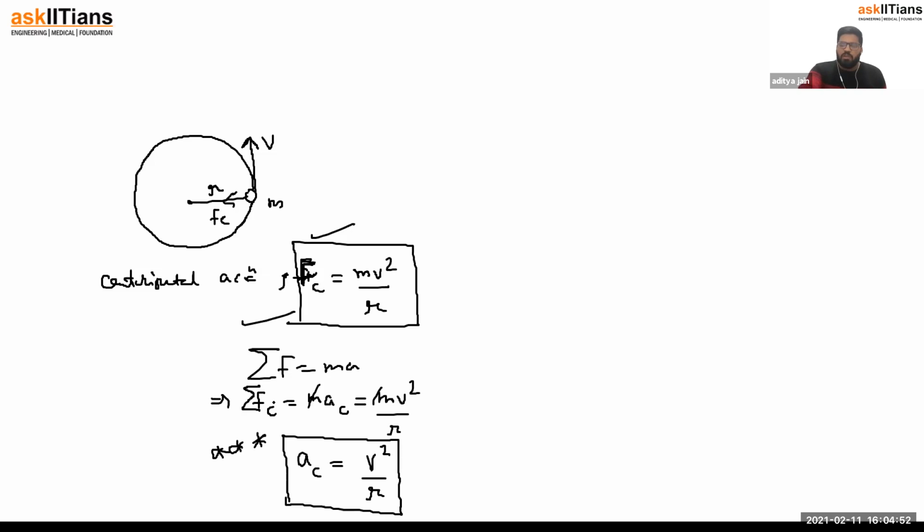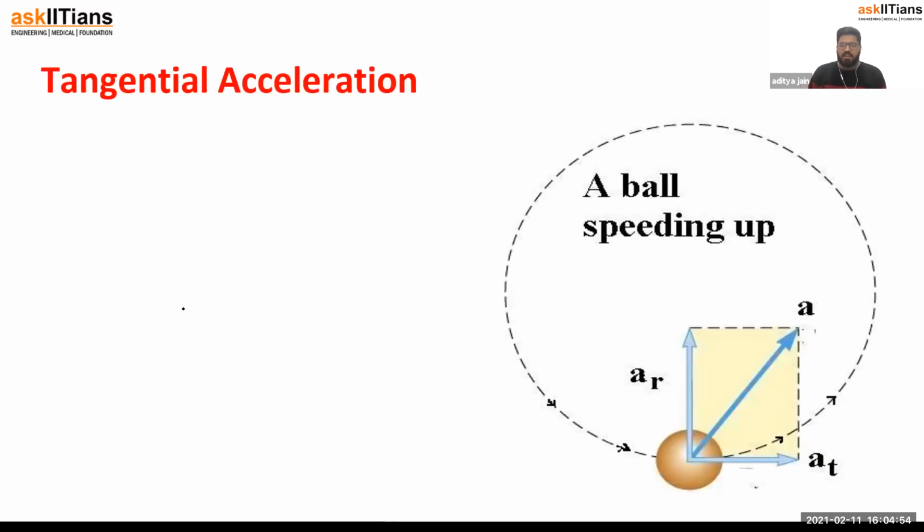Okay. Now moving on to the next topic, which is tangential acceleration. Let me give you an example: I'm traveling on a straight road with a bike and I'm constantly increasing my velocity. This velocity is increasing due to acceleration which is known as tangential acceleration. Suddenly during my motion, a curved path comes, a turn is coming.